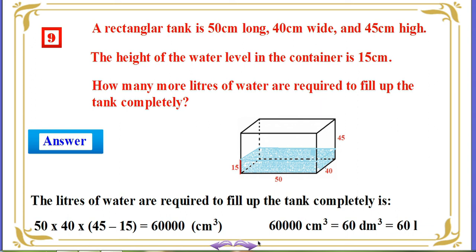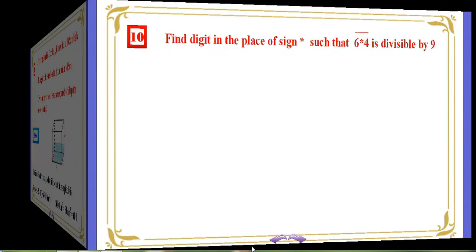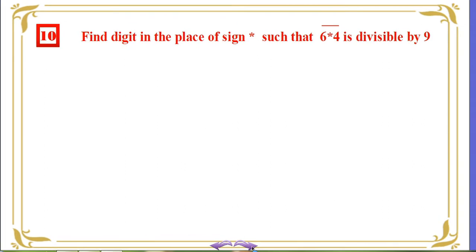Now we go to do exercise 10. This is the last exercise. Find the digit in the place of the star such that 6 star 4 is divisible by 9.